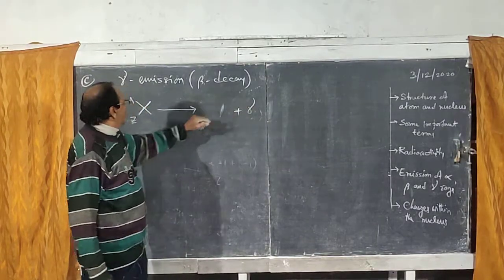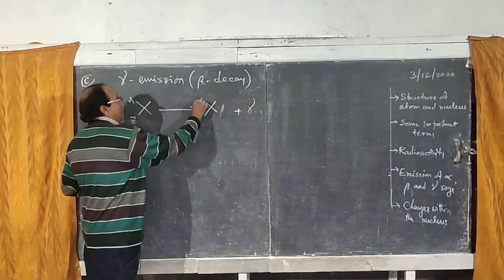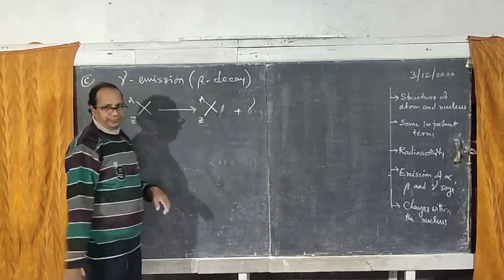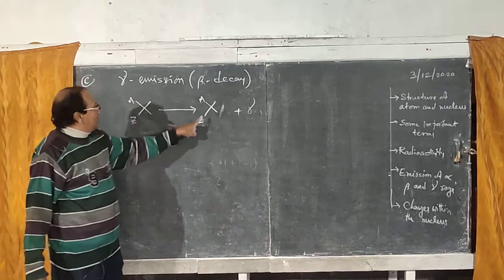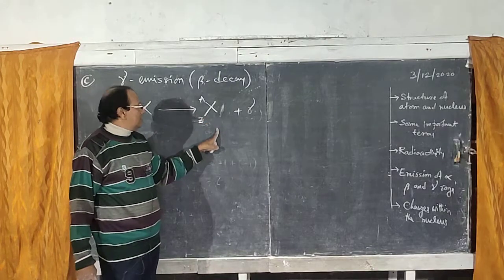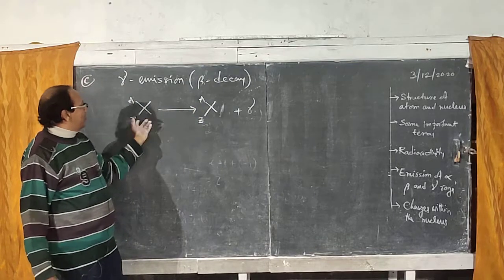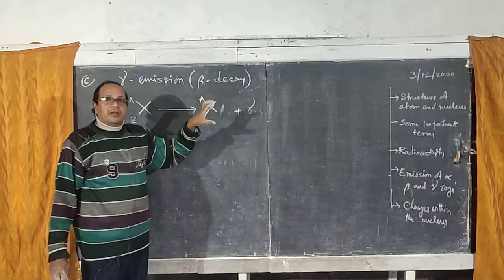So the mass number does not change, A remains A, and the atomic number also remains the same. Here this X is called the parent nucleus and this X is called the daughter nucleus. Since the mass number and the atomic number remain the same, the nucleus also remains the same.